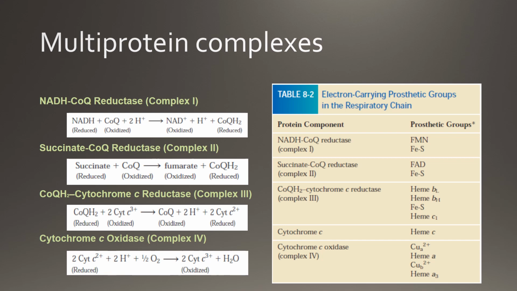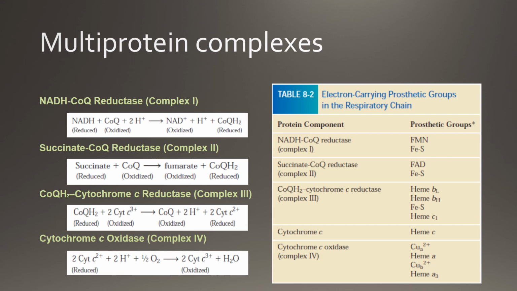Within complex 3, the released electrons first are transferred to an iron-sulfur cluster and then to the b-type cytochrome or cytochrome c1. Finally, the 2 electrons are transferred to 2 molecules of the oxidized form of cytochrome C, a water-soluble peripheral protein that diffuses in the intermembrane space.